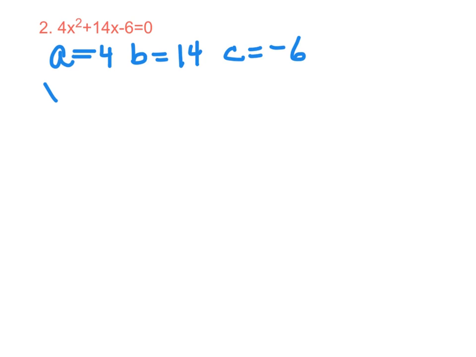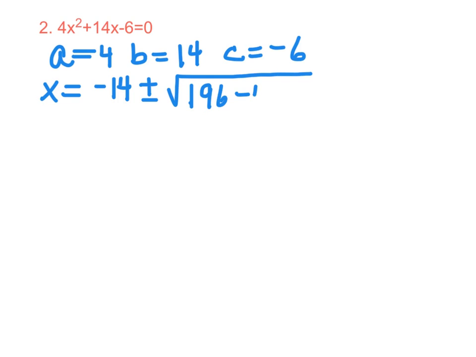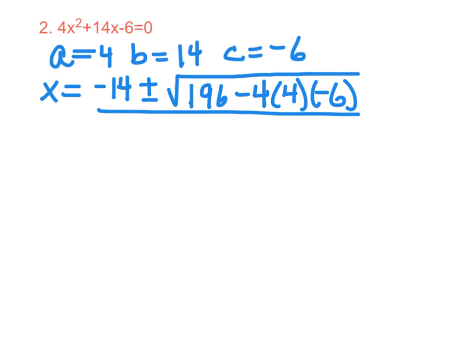So I'm going to do x equals negative b plus or minus the square root of b squared, and 14 squared is 196, minus 4 times negative 6. And then that whole value is over 2 times a. And since a is 4, 2 times a would be 8.